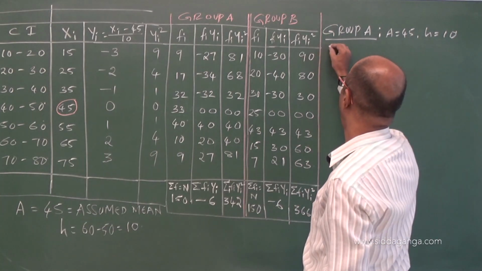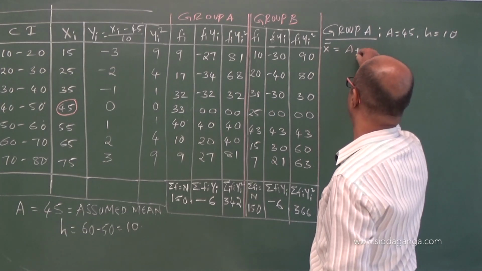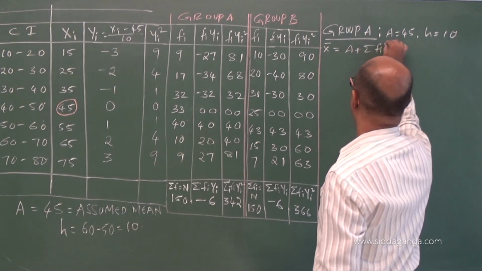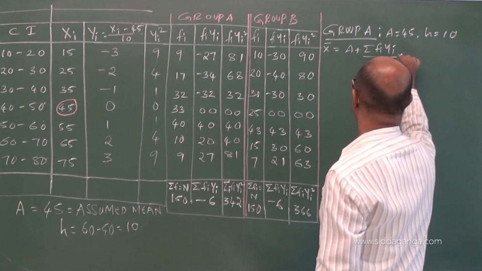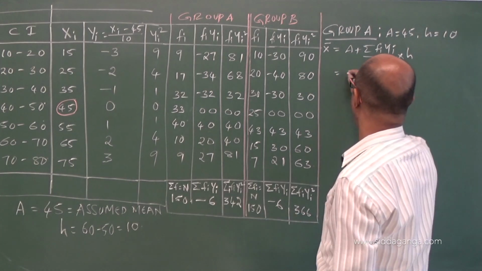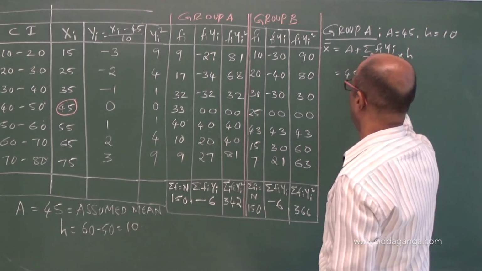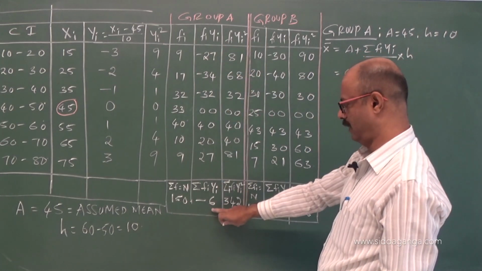We will find X bar. X bar is given by A plus sigma Fi into Yi divided by N into H. Look at the value of A, it is 45, you substitute. Sigma Fi into Yi for group A is minus 6.